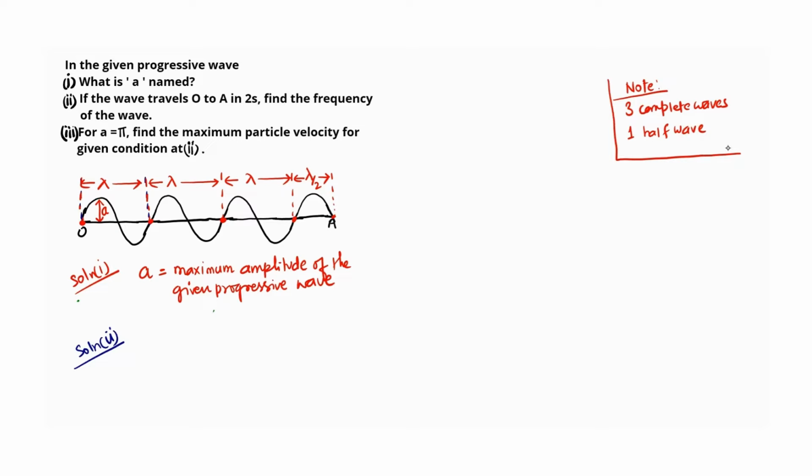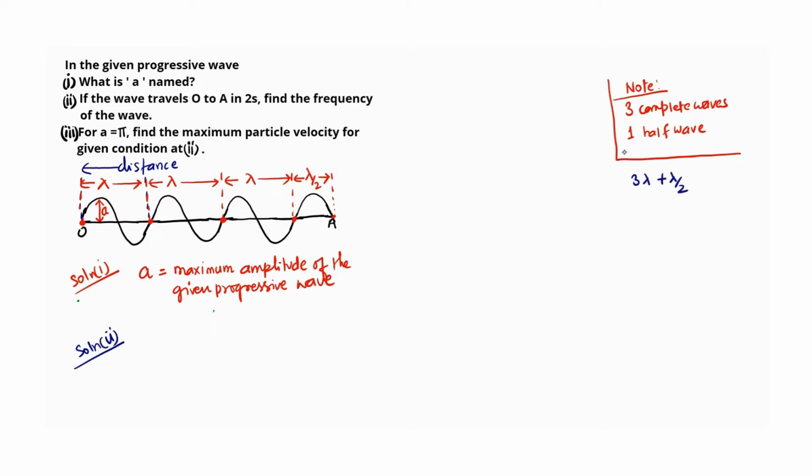Now, the distance OA in terms of wavelength is 3 lambda plus lambda by 2.